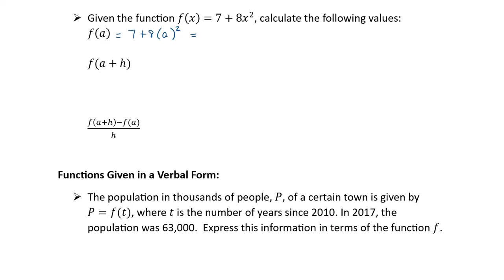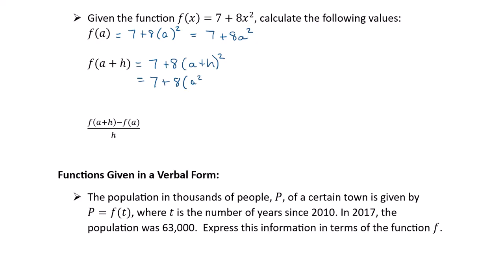A squared is a squared times 8, so we get 7 plus 8a squared. f of a plus h. Again, we're going to write 7 plus 8 times a plus h, quantity squared. We need to square that binomial, so we'll keep the 8 out front and keep this in parentheses because when we're finished, we will have to distribute that 8.